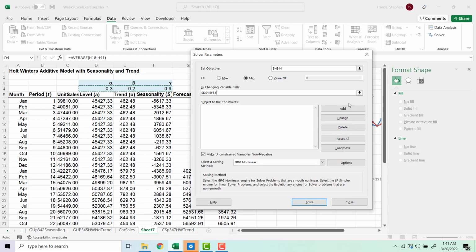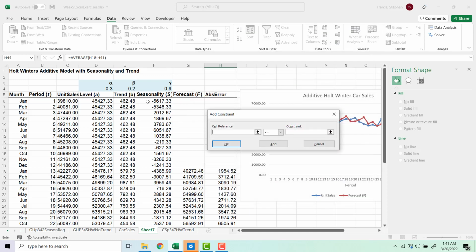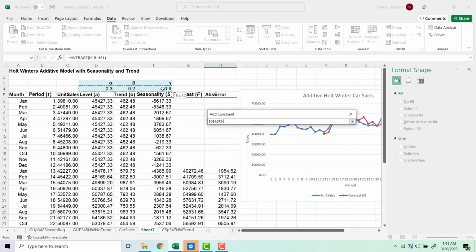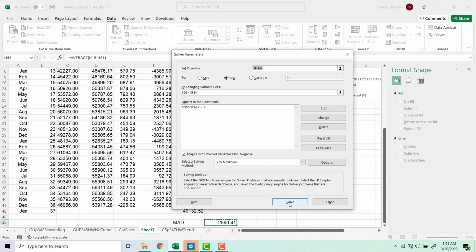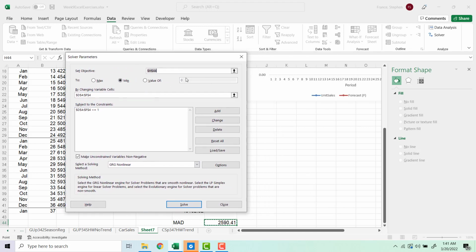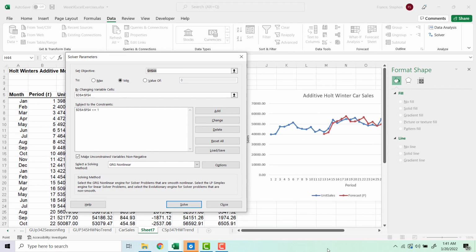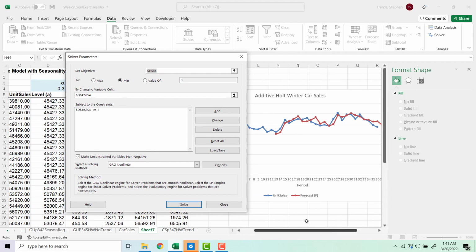And we're going to make them non-negative, so they're greater than or equal to 0. But they also need to be less than 1. Okay, let's just see what we get. Well, you notice our average error is currently 2590.41. And looking at the graph, it's actually a pretty good fit, but let's see if we can improve it.